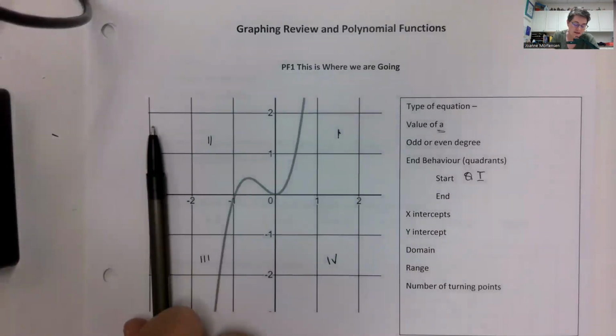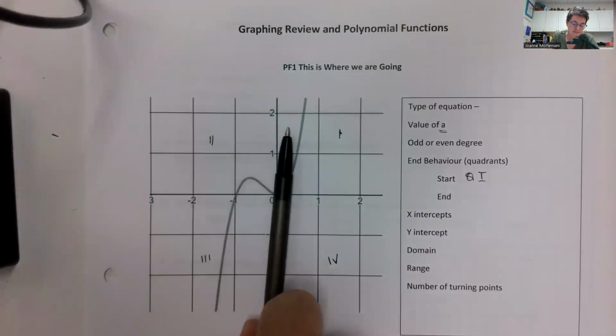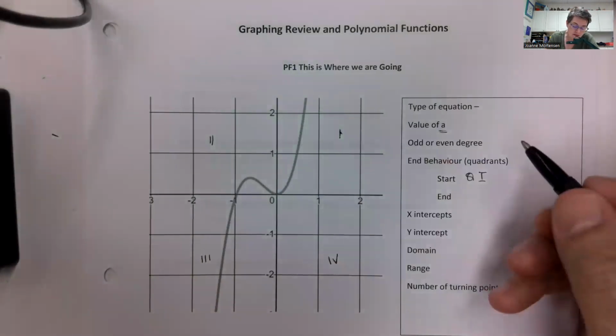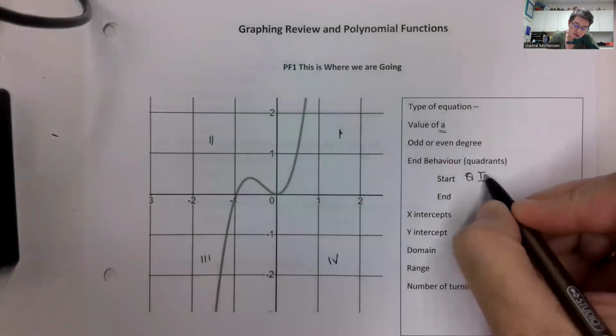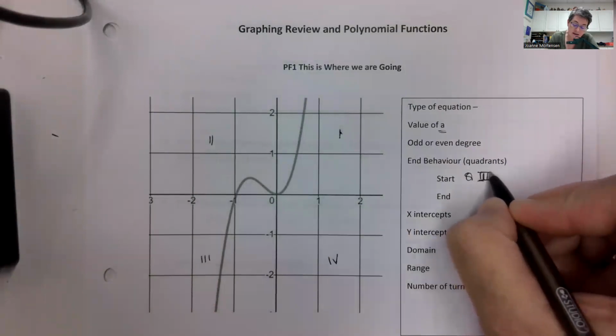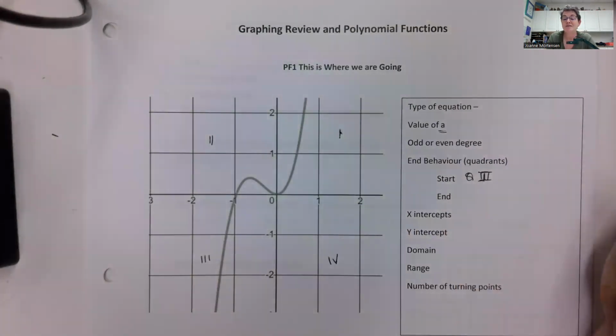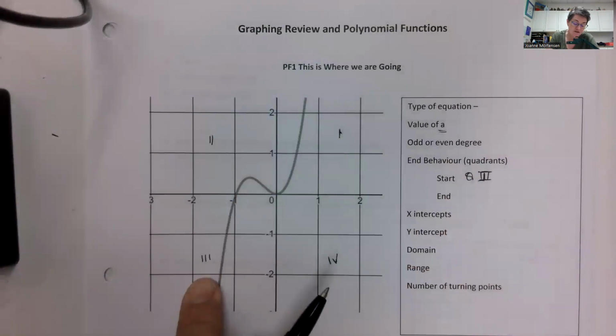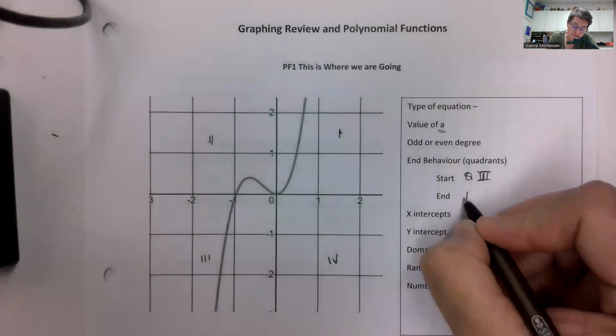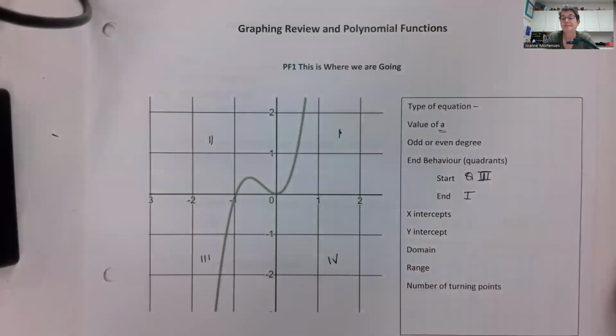When you read it, it goes this way. So actually, it starts in quadrant 3. The reason I know that is because I have everybody memorize: your only choices for start are 3 or 2. And it ends in 1. Okay. See, I don't even know a lot about this graph.